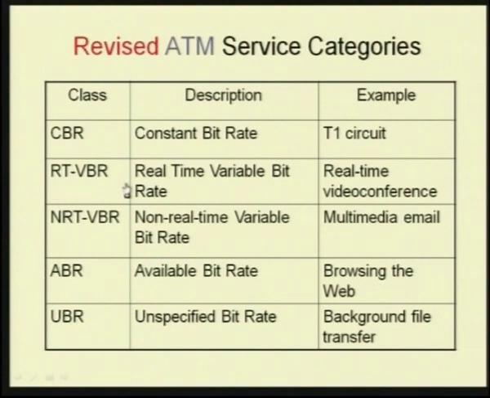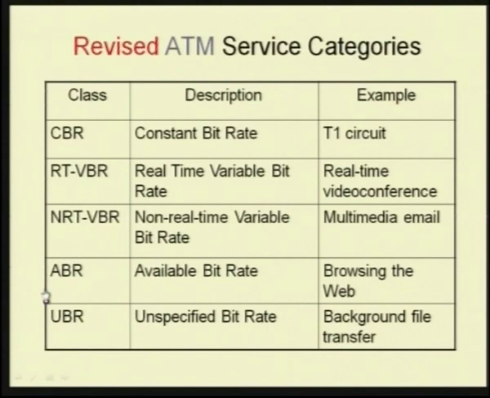RT VBR stands for real time variable bit rate. This is used for some real time video conferencing kind of applications. And then you have the non-real time variable bit rate, which can be used for things like multimedia based email and so on. Because you are talking about variable bit rate data, you talk about multimedia data, but it is non-real time. It is not some live streaming that is happening, but it is being sent offline.